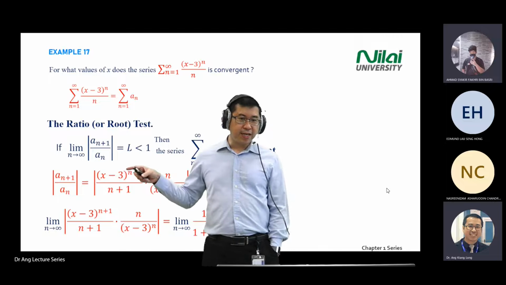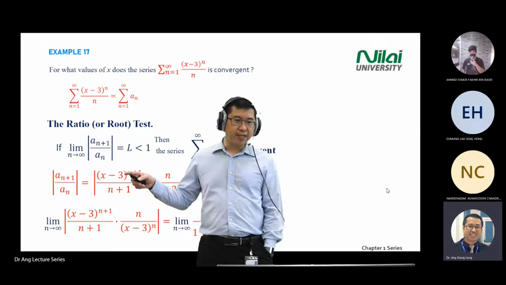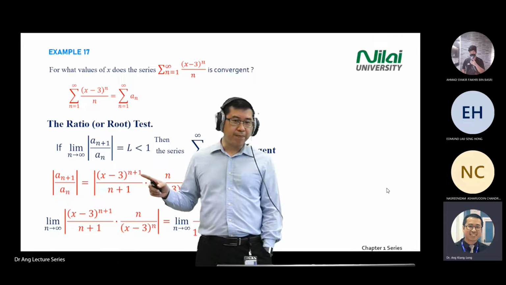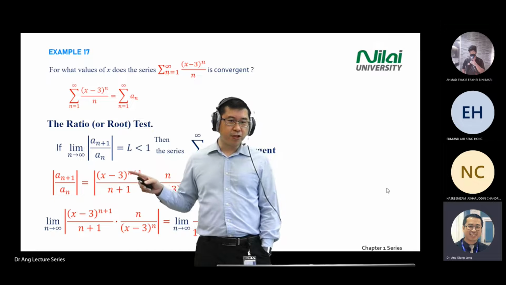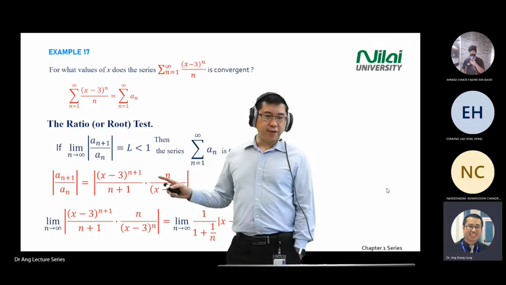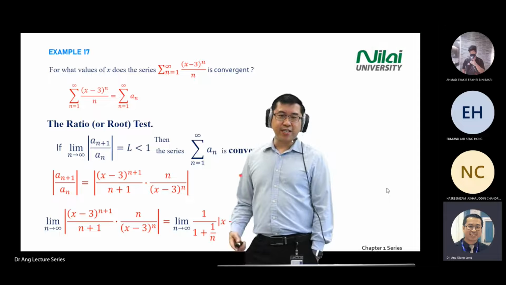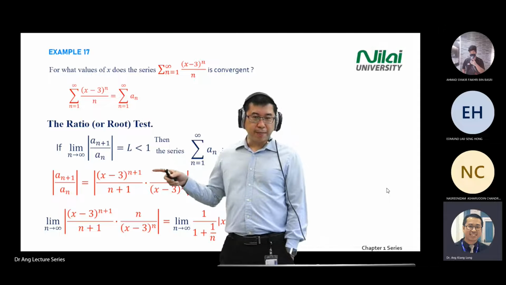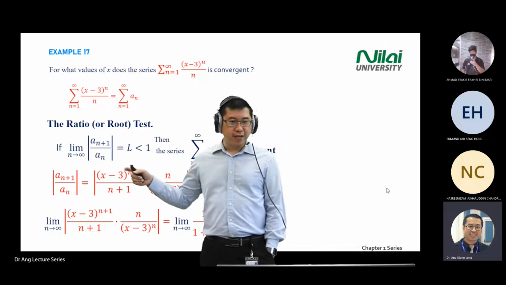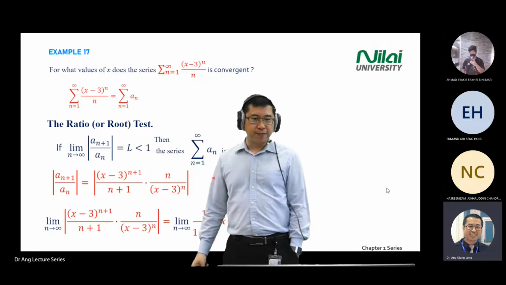Then this one, x minus 3, no matter what is inside the bracket, if you increase the power n, the full set on the top here will also get infinity, right? So infinity divided by infinity, basically you can say it's 1, but mathematicians have an argument on that. So basically you get 1.